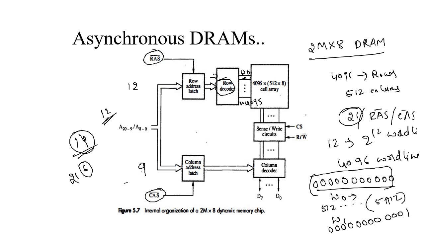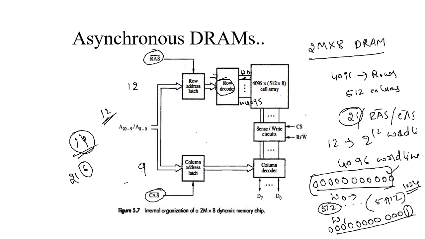When you choose word line W0 using the all-zero address, it will select the first 512 bytes. When you choose W1 with the last bit 1, it will choose the cells from address 512 to 1024, and so on. It continues. It is a set of 512 bytes.